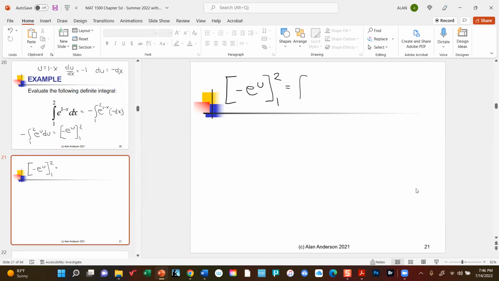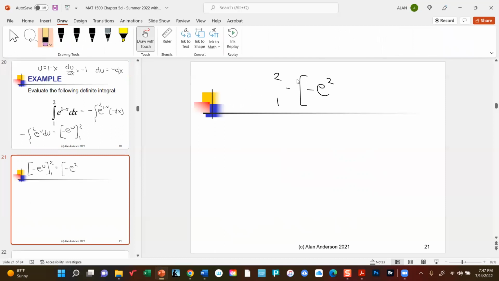So you're basically doing this, replacing the u with 2. Oh, wait a minute. Before we do that, what am I doing? I have to replace the u with what we decided to call it. Otherwise, I'm going to get the wrong result. Oops. I was getting too far ahead of myself. Sorry.